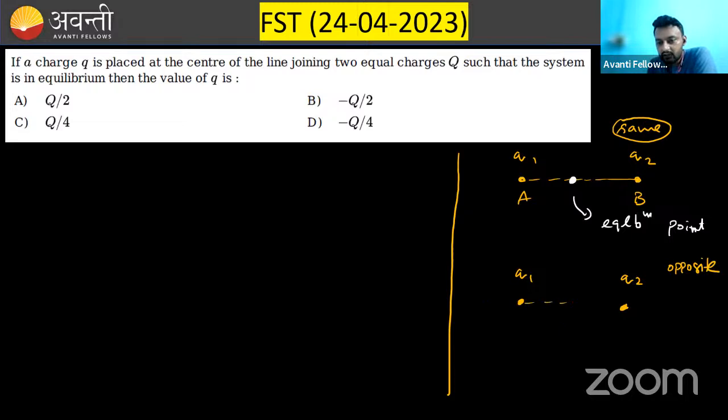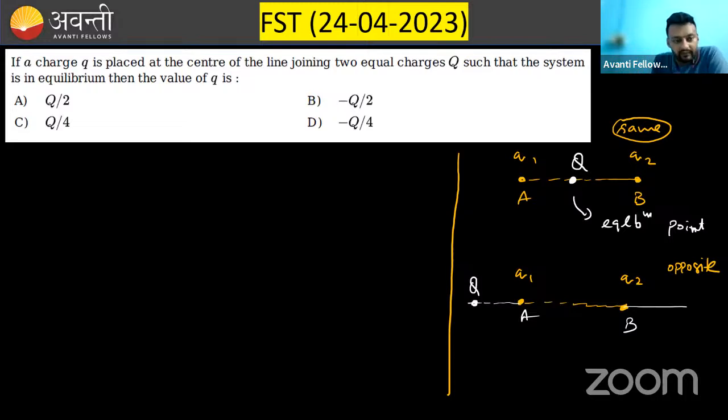In that situation, if you want to place a third charge such that it remains in equilibrium, then that third charge will be outside the line AB. One thing is clear: this charge should be nearer to the smaller charge. Keeping these things in mind, it will be very easy for you to solve.